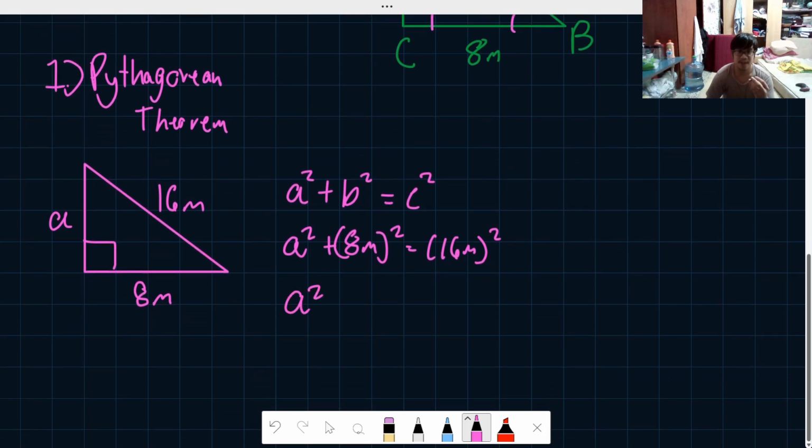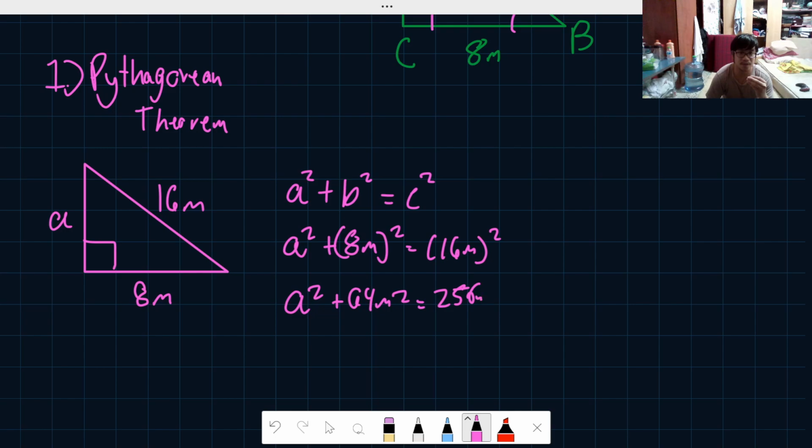So let's find A in this equation. The square of 8 meters is 64 square meters. 16 squared is 256 square meters.